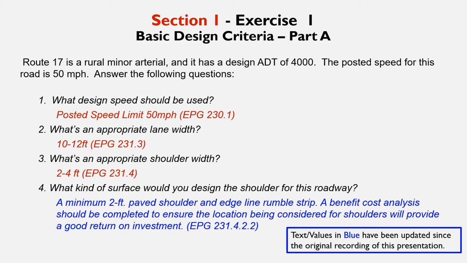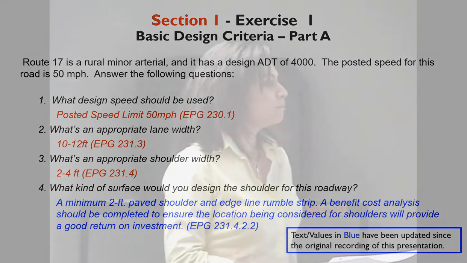Basically, what I was trying to do here was give you a lot of choices. It's up to you what you decide to do for a minor road. If you chose to go with a 4 foot shoulder, you could do 2 feet of asphalt and then 2 feet of stabilized aggregate. Any of those things would work.